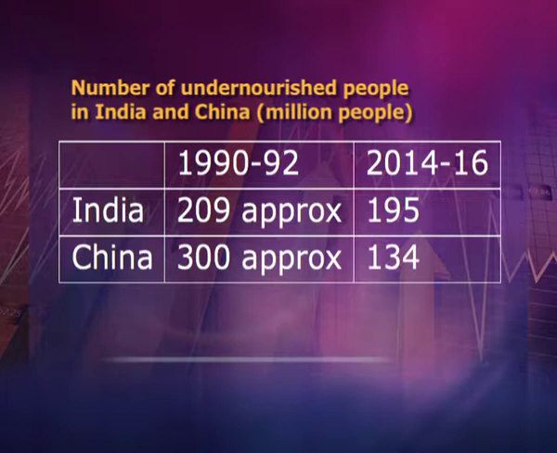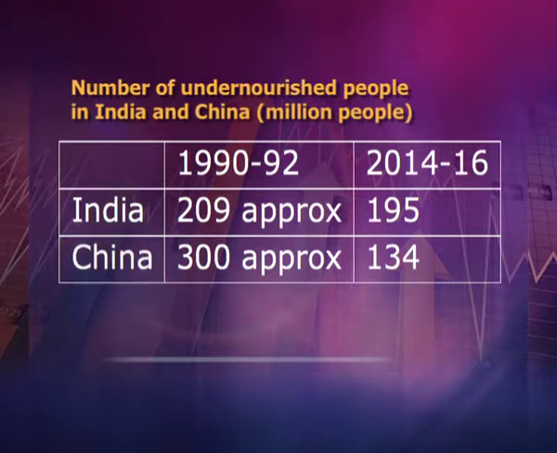Friends, look at the data here. Between the period 1990 and 92, in India, approximately 209 million people were undernourished. However, this figure did come down to 195 million people in the period between 2014 and 16.